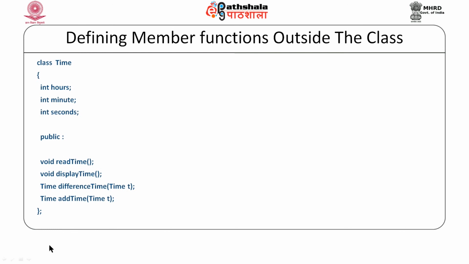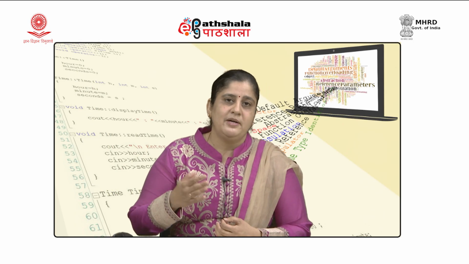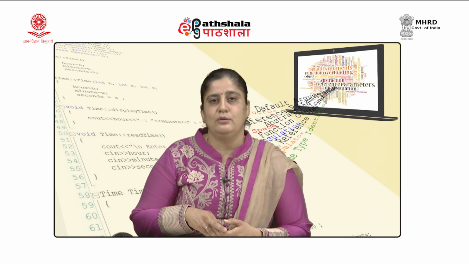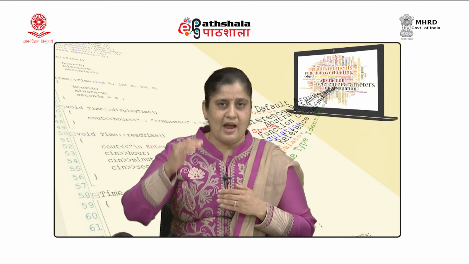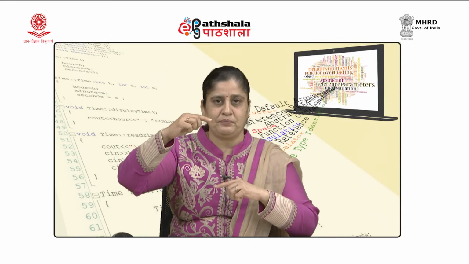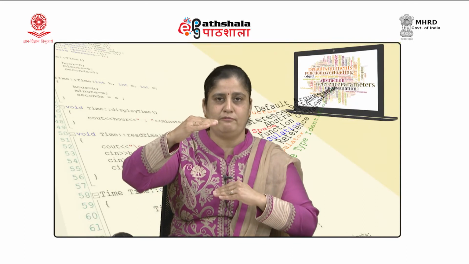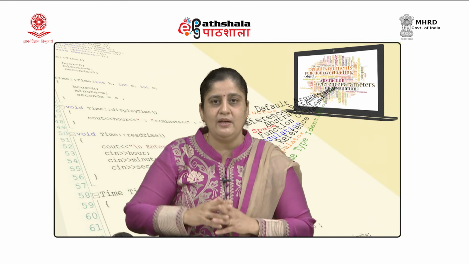That at one glance I can get the view of the class, that I can see that my class has 3 data members, namely hours, minutes and seconds, and it has 4 operations that I have defined for that class, namely read time and display time and find the difference between 2 time objects and adding 2 time objects. So, just at one place in a small section of my program, I get the complete view of the class.